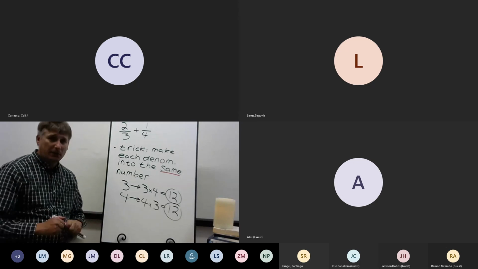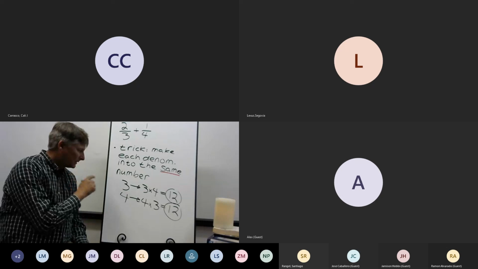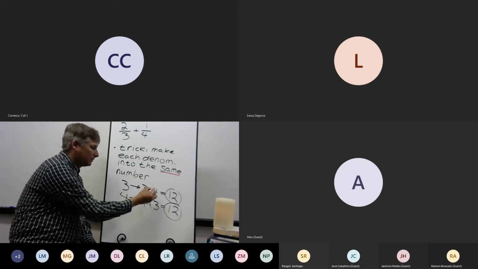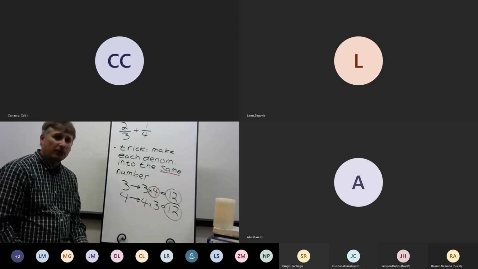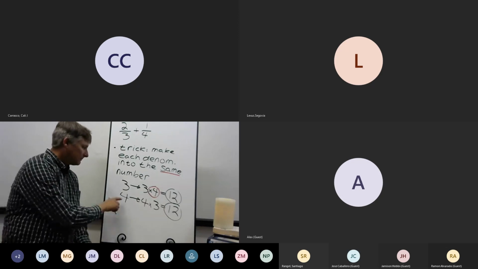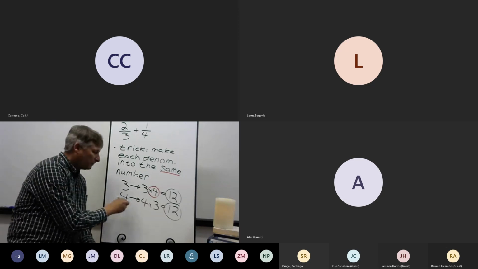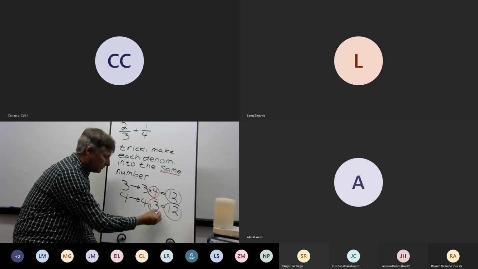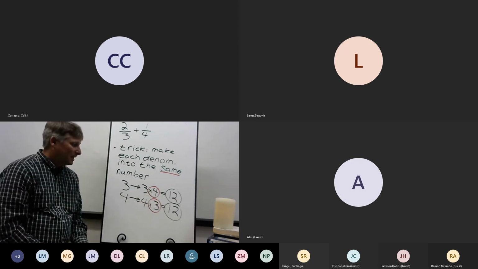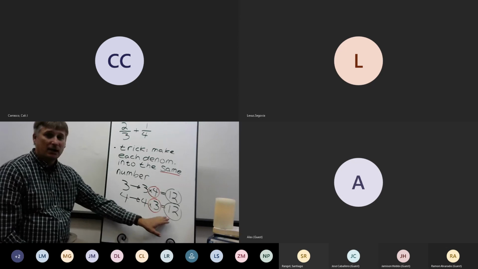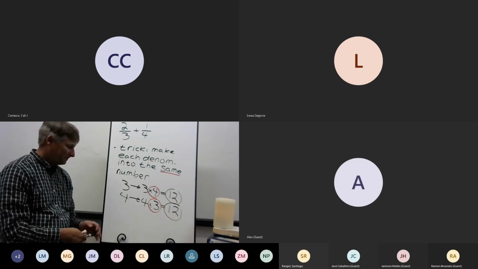So the key, the trick, for 3, you have to multiply by 4. And for 4, to turn it into 12, we have to multiply by 3. This is what's called a common denominator.